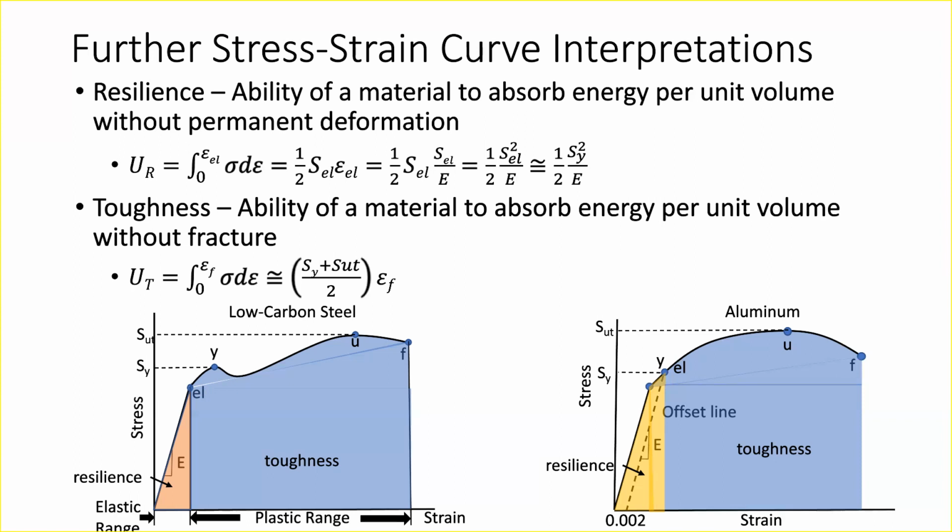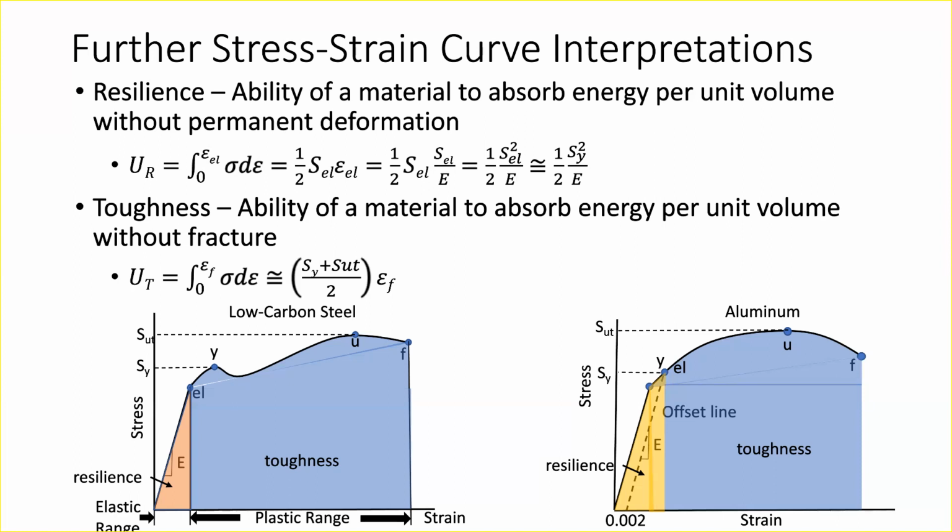So the resilience is rigorously defined as that integral that I'm talking about. Rather than using forces, again, we use our normalized descriptions of pressure and relative displacement. The resilience measures how much energy the part is able to absorb per unit volume.